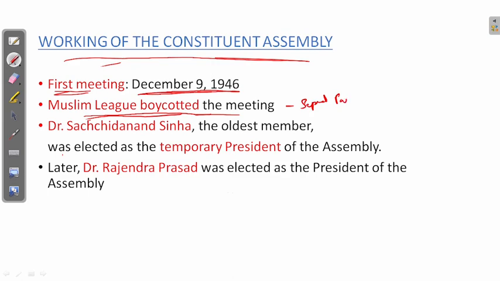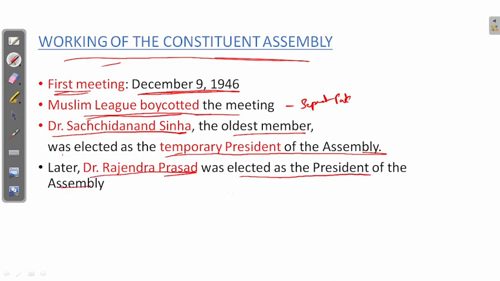Next, Dr. Sachchidananda Sinha, the oldest member, was elected as the temporary president of the assembly. Later, Dr. Rajendra Prasad was elected as the president of the assembly.